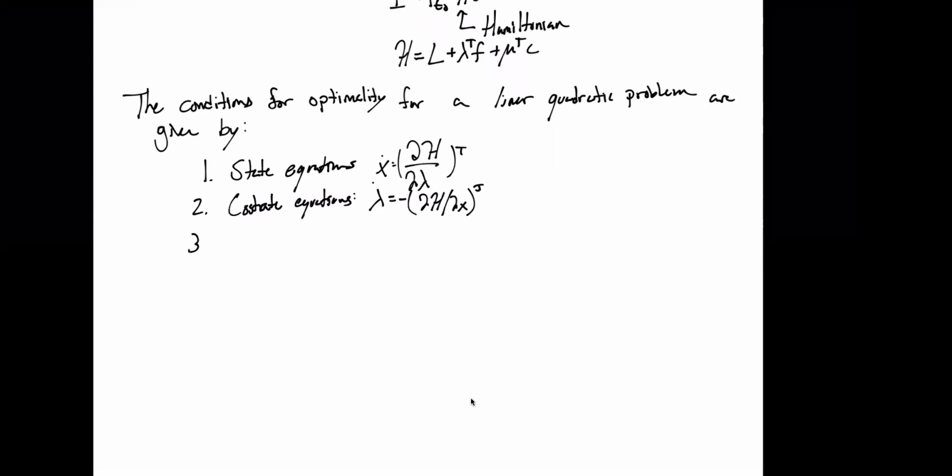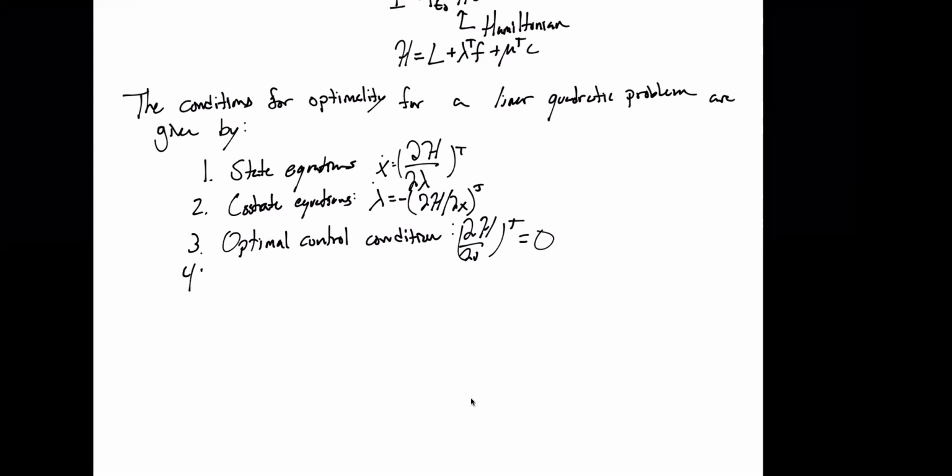Next, the third is the optimal control condition: the partial of H with respect to u, transposed, equal to 0.